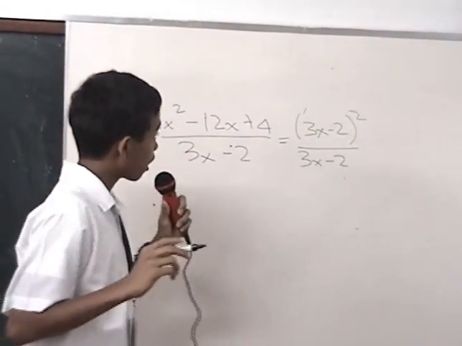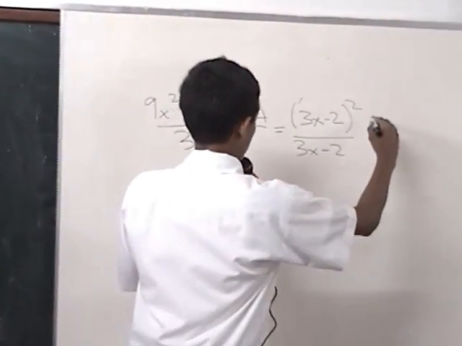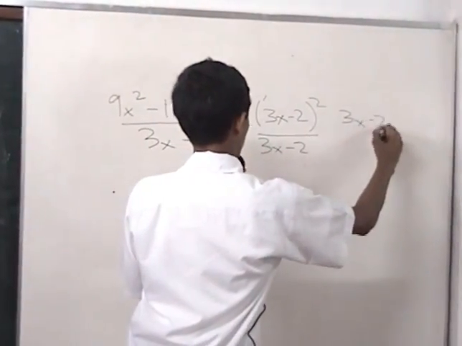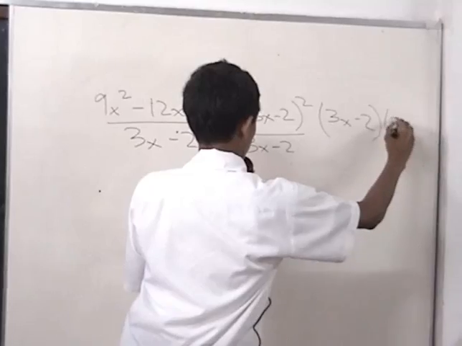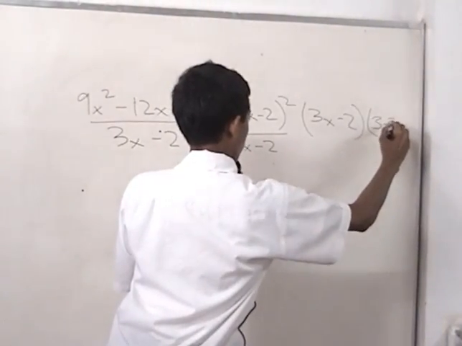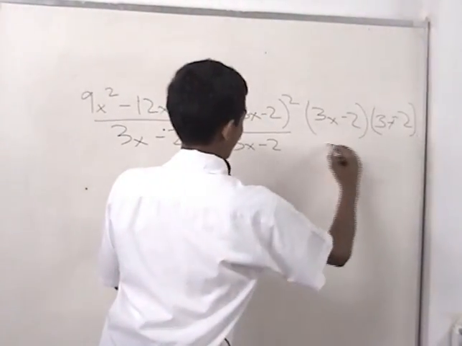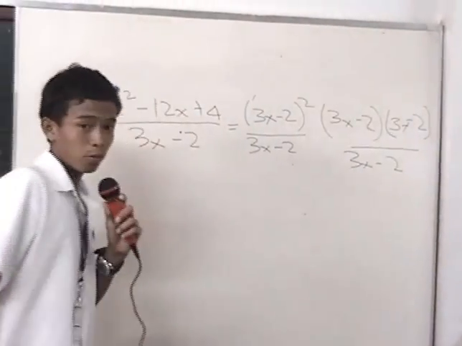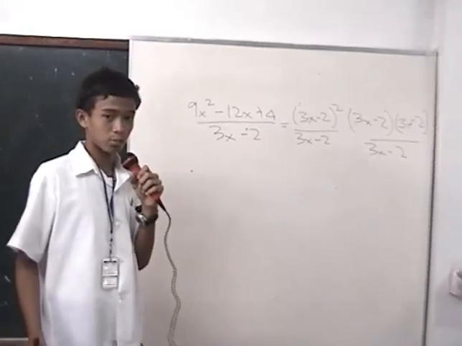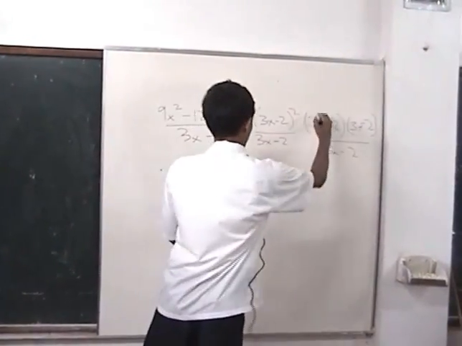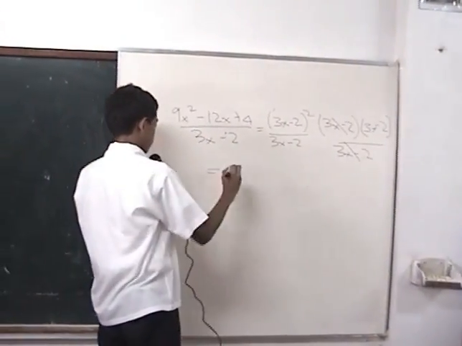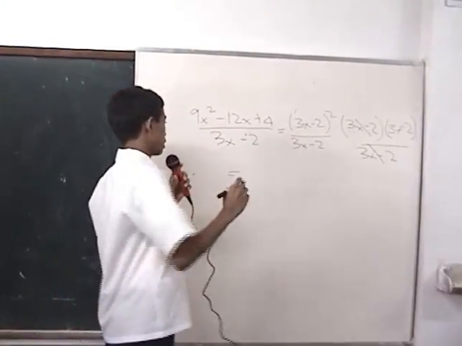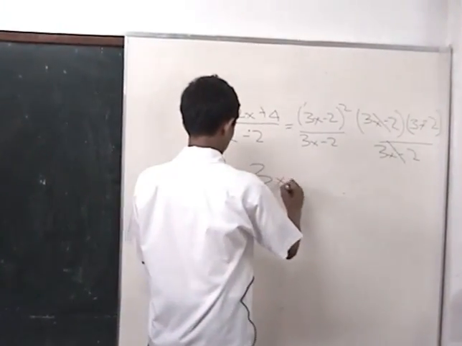We expand the numerator: 3x minus 2, 3x minus 2 over 3x minus 2. Now, we have a common factor 3x minus 2 and cancel it. The final answer is 3x minus 2.